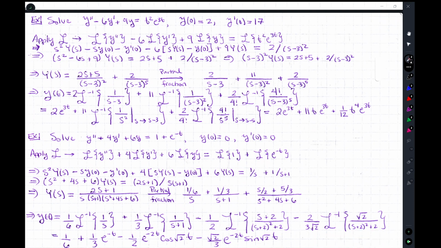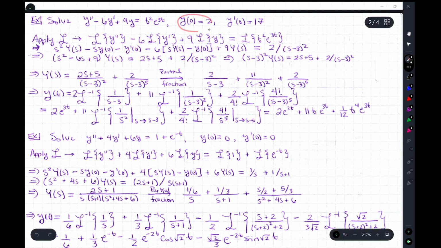So let's use our knowledge of the first translation theorem to compute a solution to this initial value problem, okay? What do we do? We apply the Laplace transform to the differential equation, and here we're going faster because we already discussed this in depth. So we apply the Laplace transform to both sides. We end up with this expression with these initial conditions.